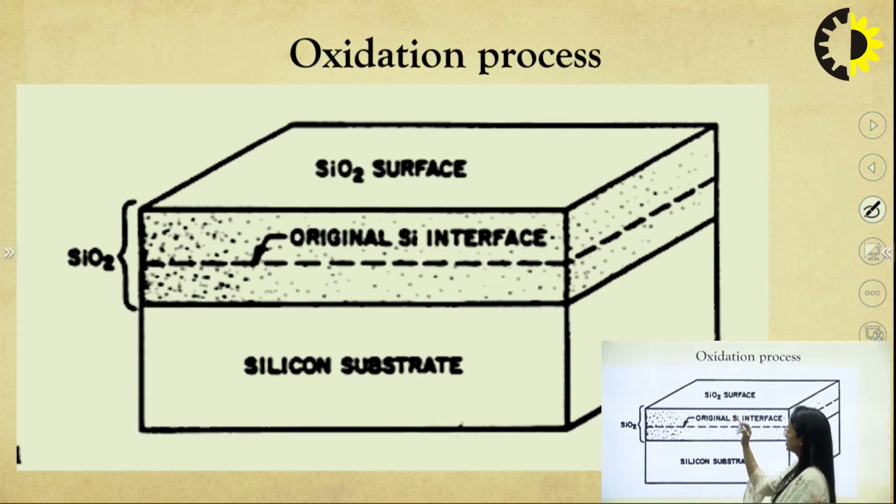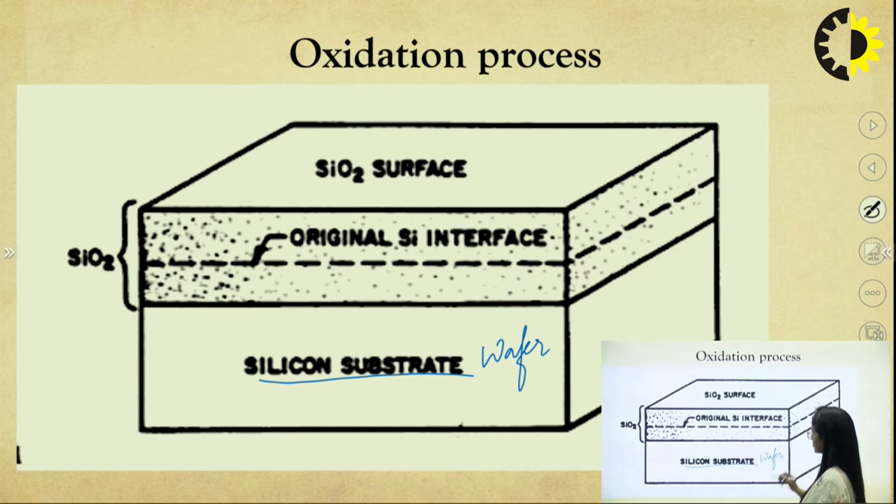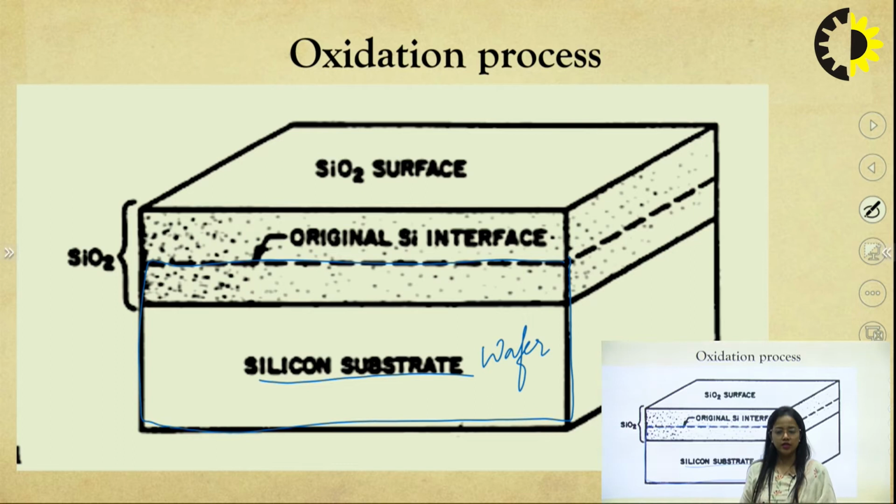We can see that in the previous diagram also we had this thing and we called it a wafer. So, the original wafer was this layer. Once I have added oxygen, this oxygen will start reacting with the silicon interface itself. So, oxygen reacting with silicon will create silicon dioxide.